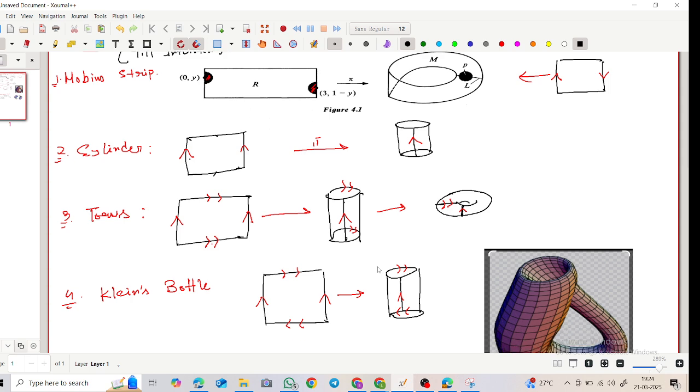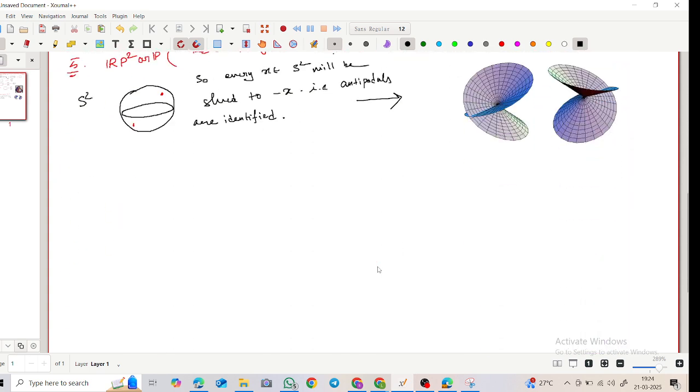Because the basic question is how to define a topology on the new figures.